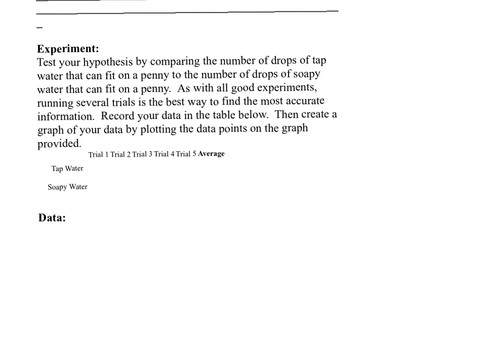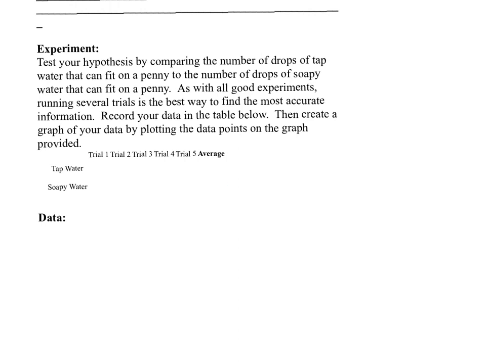I would go ahead and do all of your trials for tap water, trials 1, 2, 3, 4, and 5, and record your data in this table before moving on to your soapy water. When you have finished getting the data for tap water and soapy water, go ahead and find the average number of drops for each tap water and for soapy water.